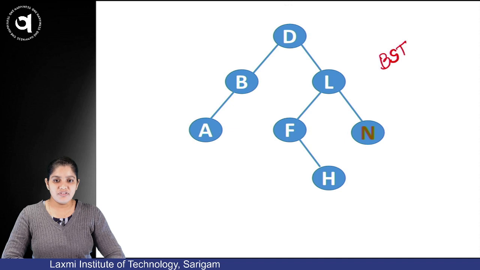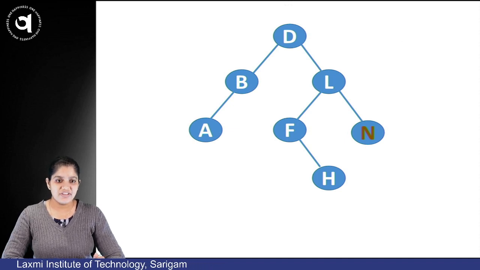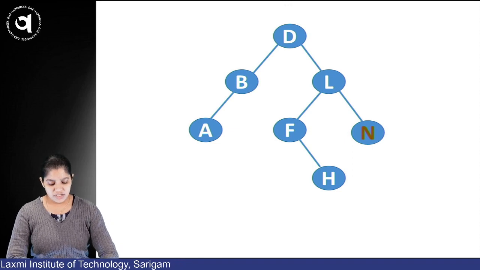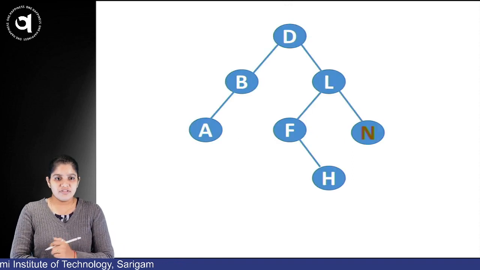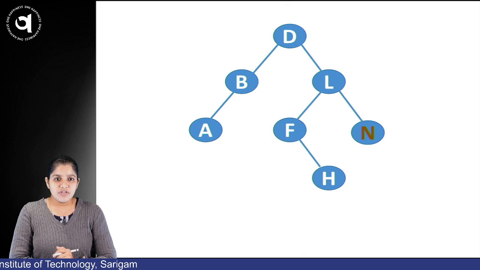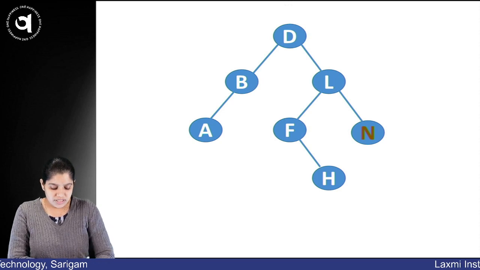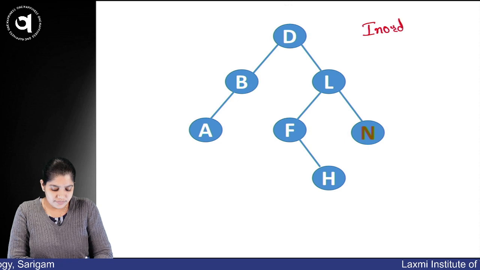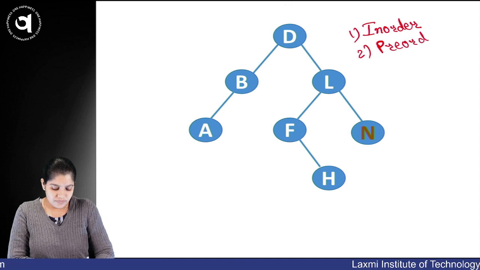Now there are traversers, for traversing purpose, as we have this tree. There are 3 types of traverser, Inorder, Preorder and Postorder. So let me write it over here: Inorder, Preorder and Postorder.